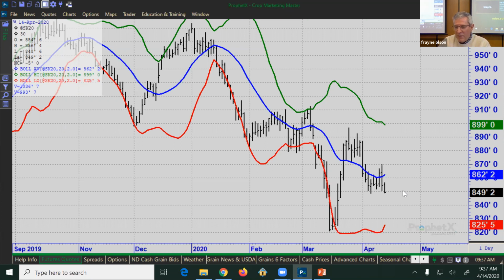This signal confirms that we have some downward momentum. We're in the bottom half, between the blue line and the red line. If we do start seeing a drop to the bottom, this 820 seems as though it's going to be a support level for us. Any questions on this Bollinger Band idea?